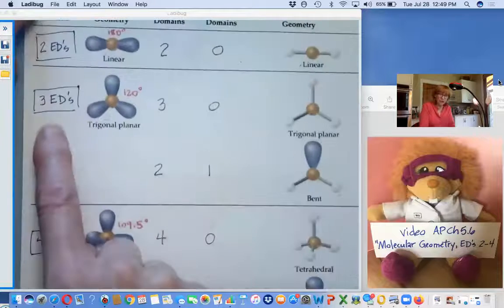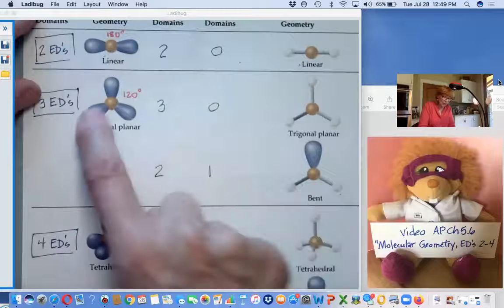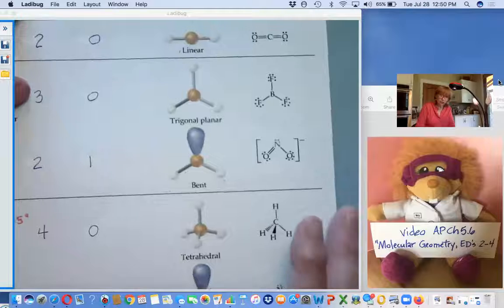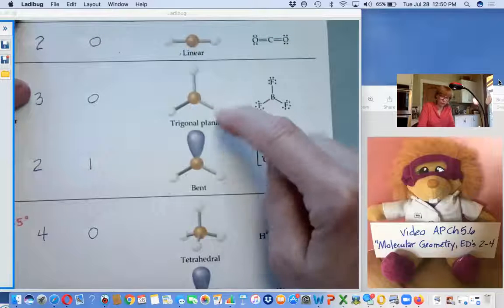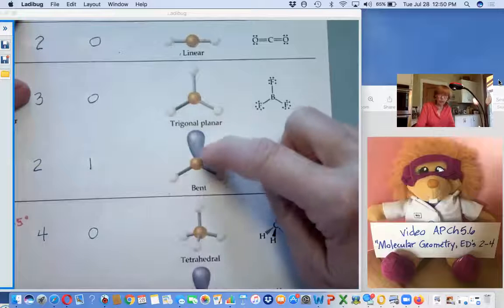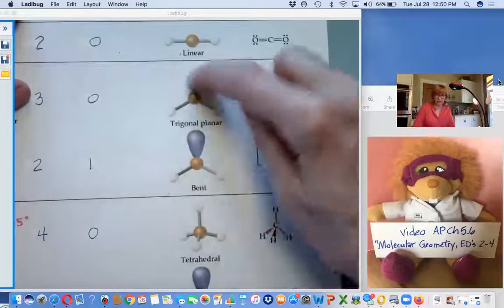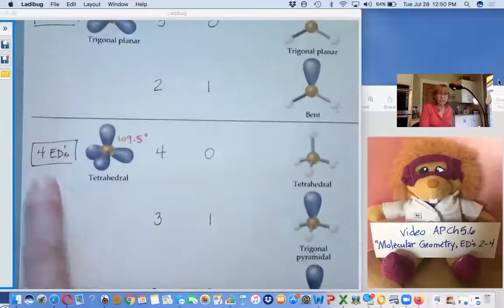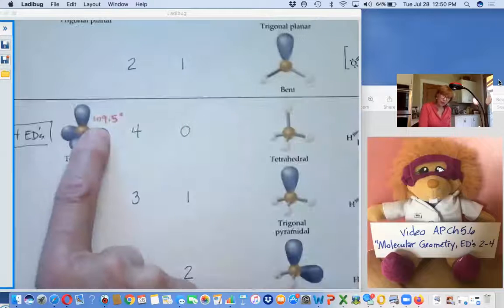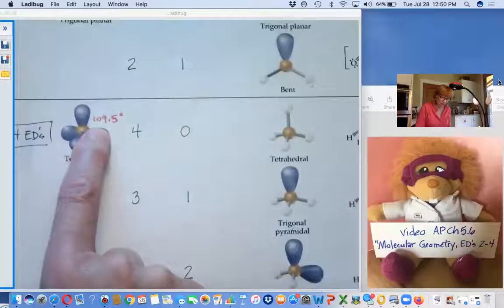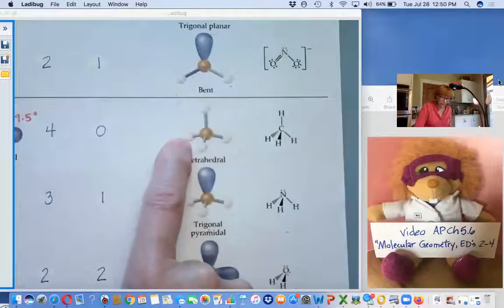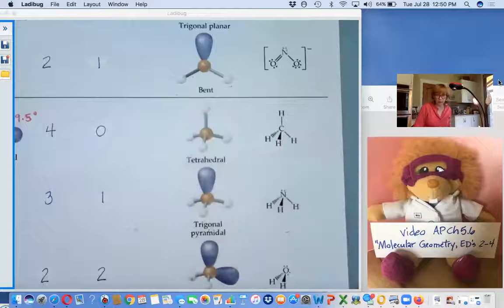When there are 3 electron domains, the predicted bond angles are 120, and the molecular geometries are either trigonal planar or bent, depending on if you have a lone pair or not. And then if you have 4 electron domains around the central atom, the predicted bond angles are 109.5, and the molecular geometry is called tetrahedral if all the domains are bonds.